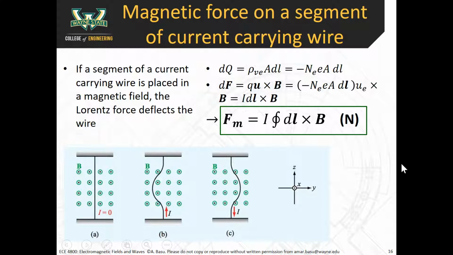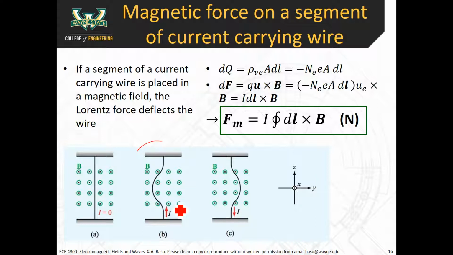The magnetic field isn't changing because it's a uniform magnetic field. So this integral would then become dz z hat times B0 x hat. We can write that down.